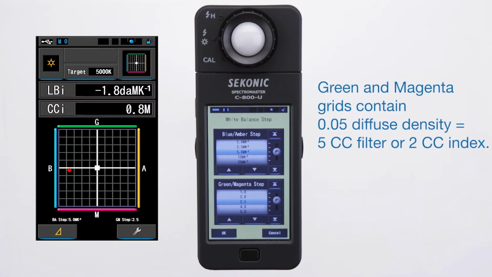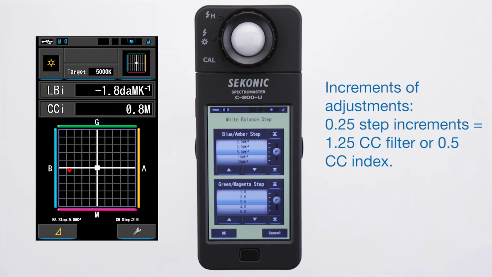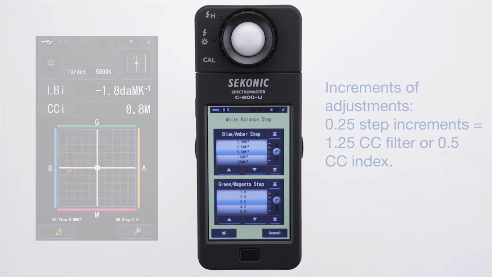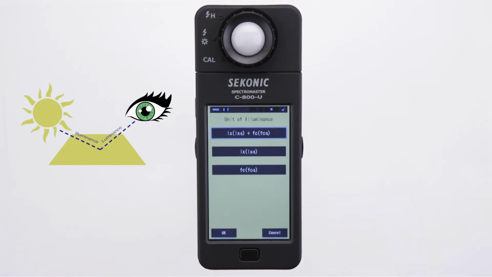The green and magenta grids contain 0.05 diffusion density, which is the equivalent to a 5cc filter number or 2cc index. The increments of adjustment are in 0.25 step increments, which is the same as a 1.25 cc filter number or 0.5 cc index.